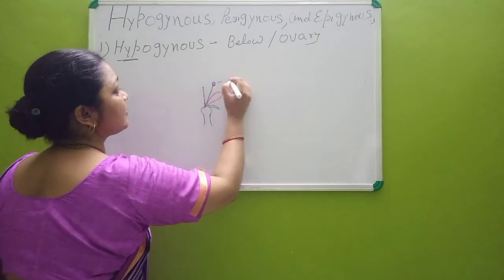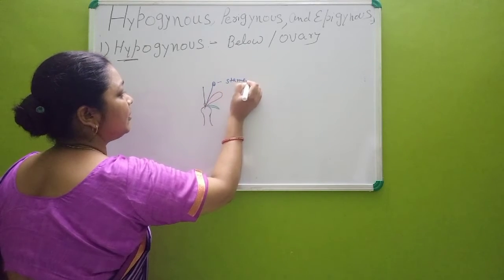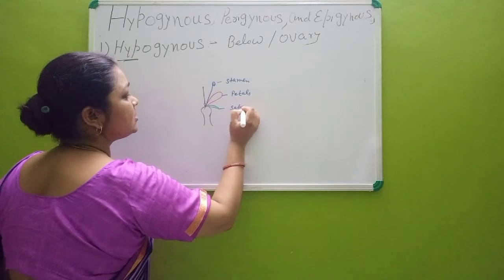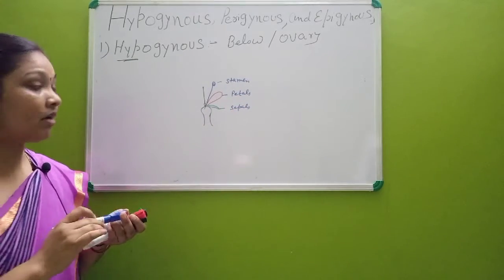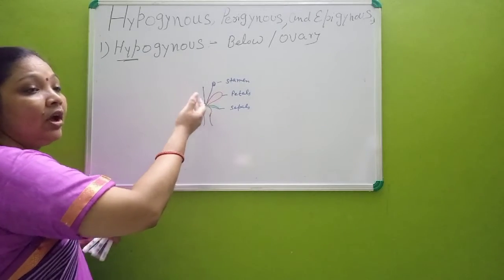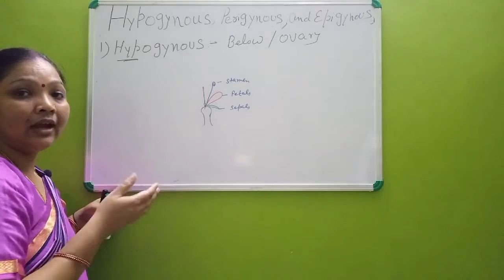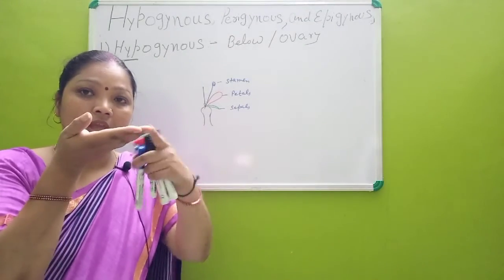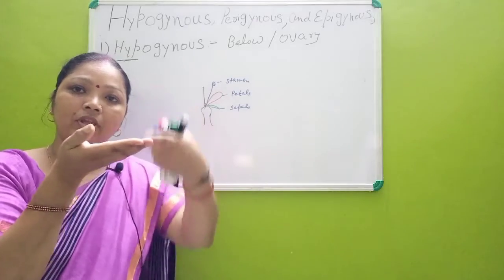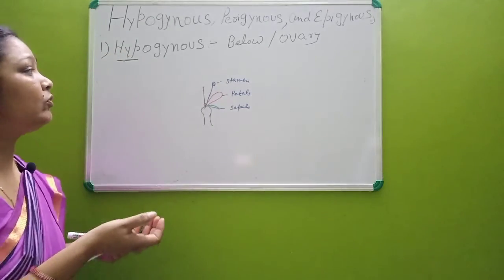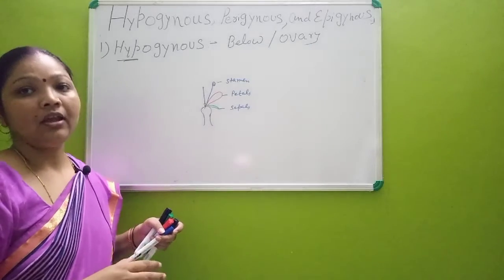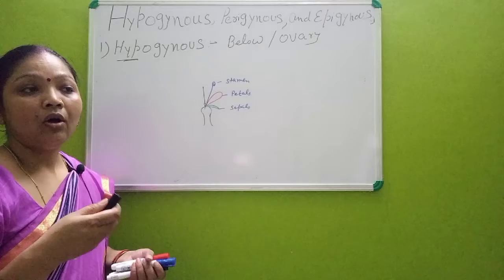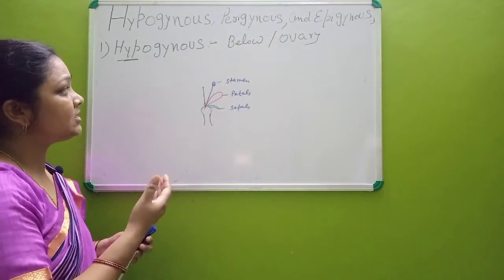So stamen, petals and sepals, all the things are arising from below the ovary. That is, the position of the ovary is up, and everything is arising from the base of the ovary. So this type of flower is known as a hypogynous flower.